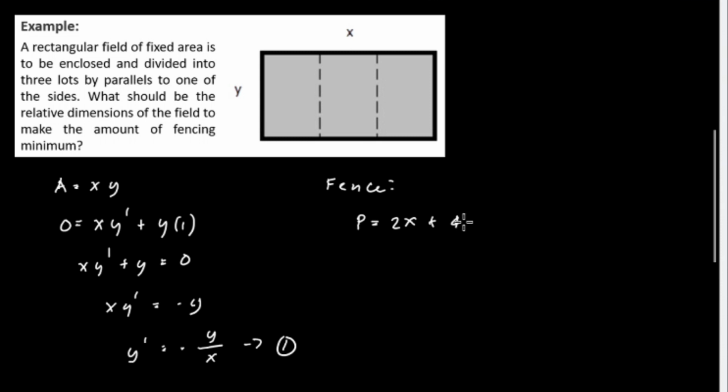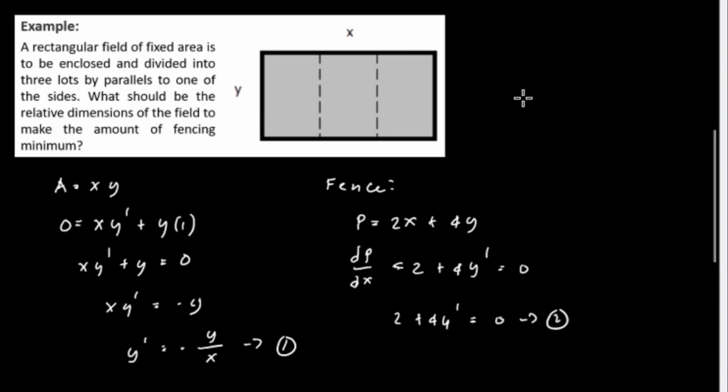So we have P equals 2x plus 4y, and we differentiate. So this will be dP over dx. The derivative of 2x is equivalent to 2 plus 4 times the derivative of y, which is y prime. Based on minima, the value is 0. 2 plus 4y prime is equal to 0, and this will be equation 2.